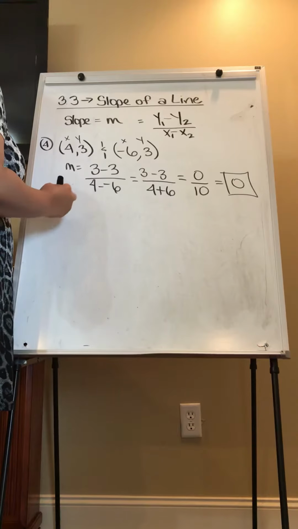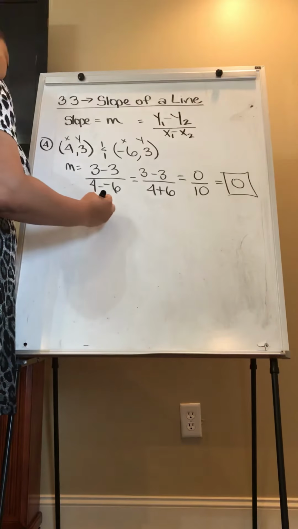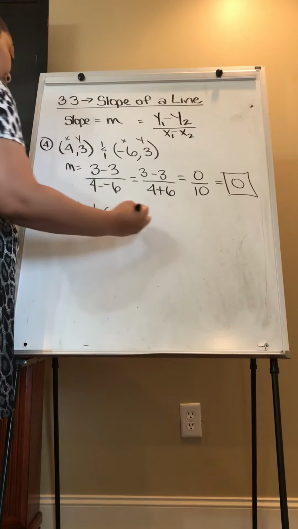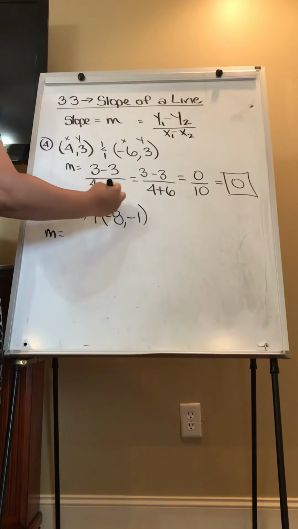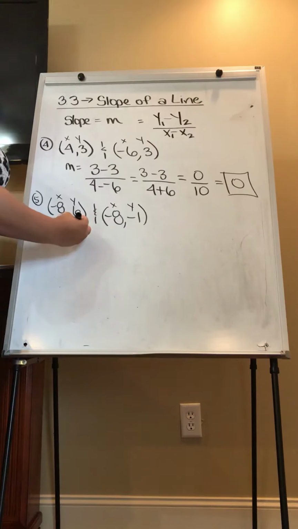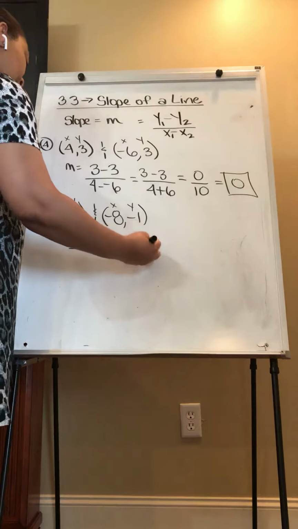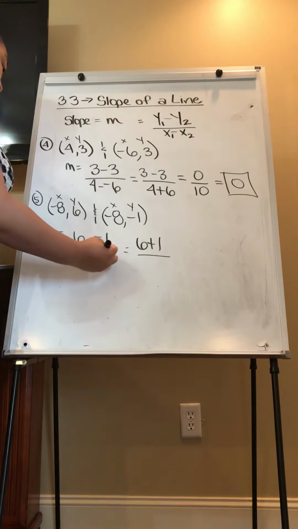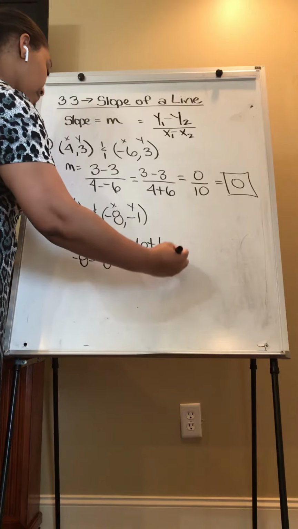Okay. Next example, negative 8, 6. And then negative 8, negative 1. So our y numbers would be 6 minus a negative 1, which we know would be 6 plus 1 on top. On the bottom, our x's, we got negative 8 minus a negative 8, which again would make that a plus 8.